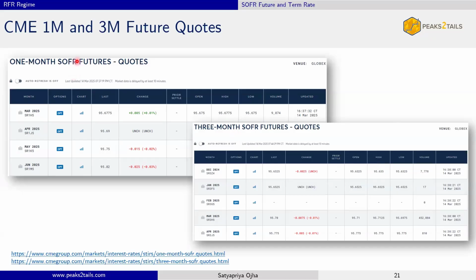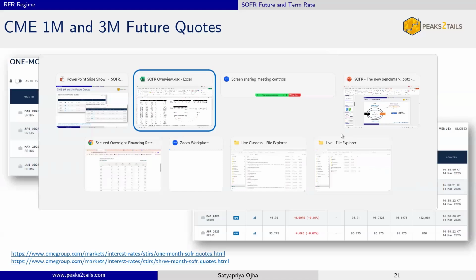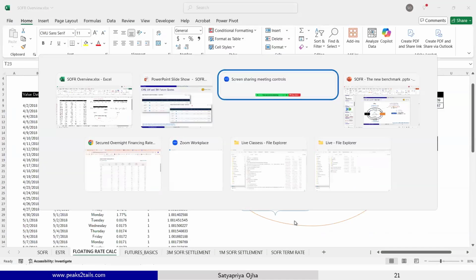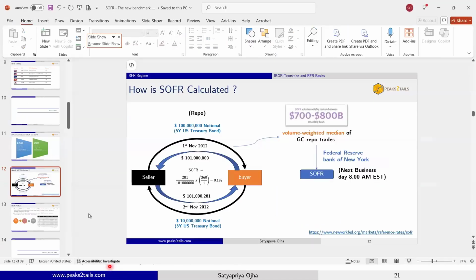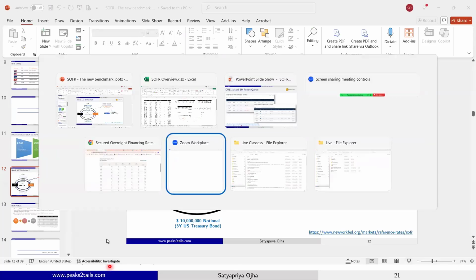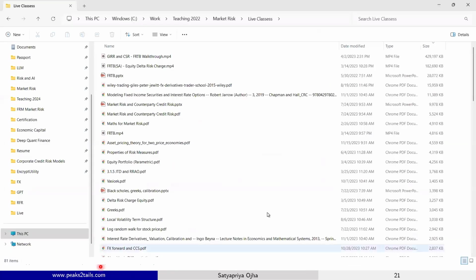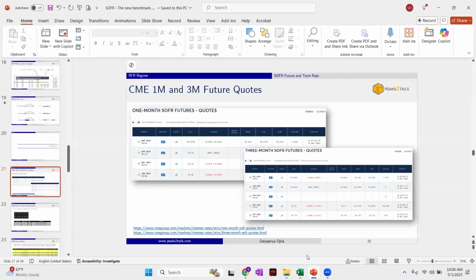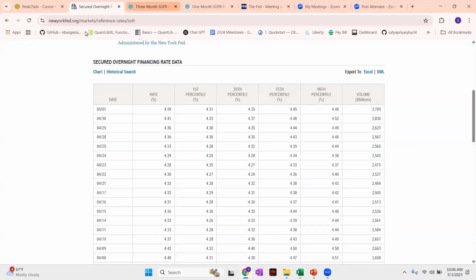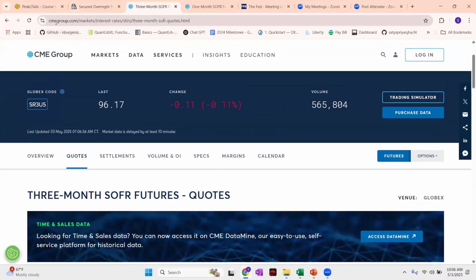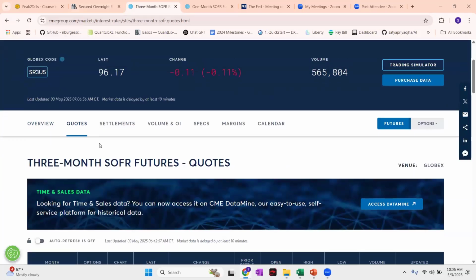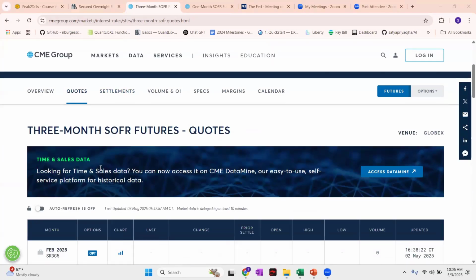All right, so CME has these two popular futures. One is 1 month SOFR futures and then 3 month SOFR futures. Let me quickly take you to their website so you can have a look at it. If you go to the CME Group website, they have the 3 month SOFR future quotes.